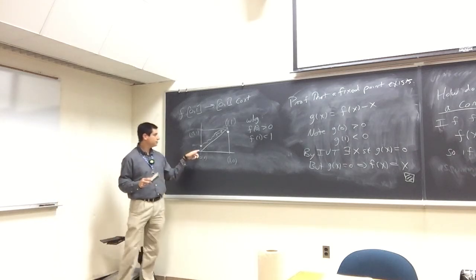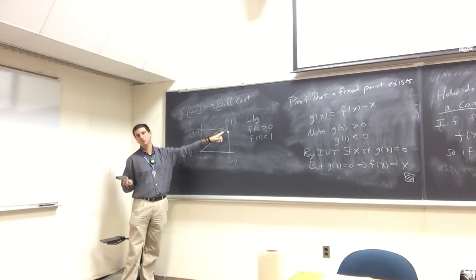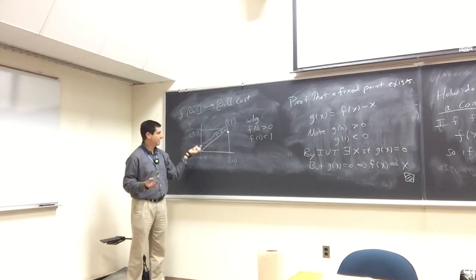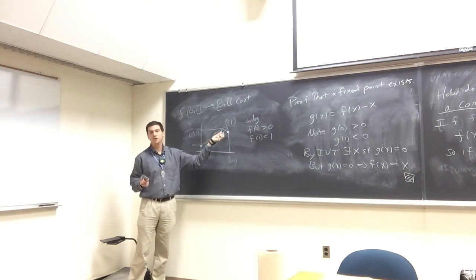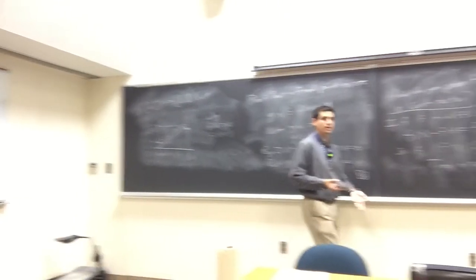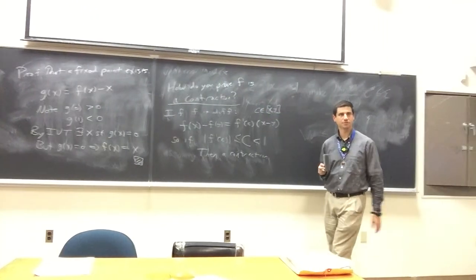Well, I'm saying if the function starts off at 0, we have a fixed point, 0. If the function is 1 at 1, we have a fixed point, 1. So for the analysis, we might as well assume that f(0) is greater than 0 and f(1) is less than 1, because in those cases where those fail, then we already have a fixed point. So it's just making the simpler assumption.